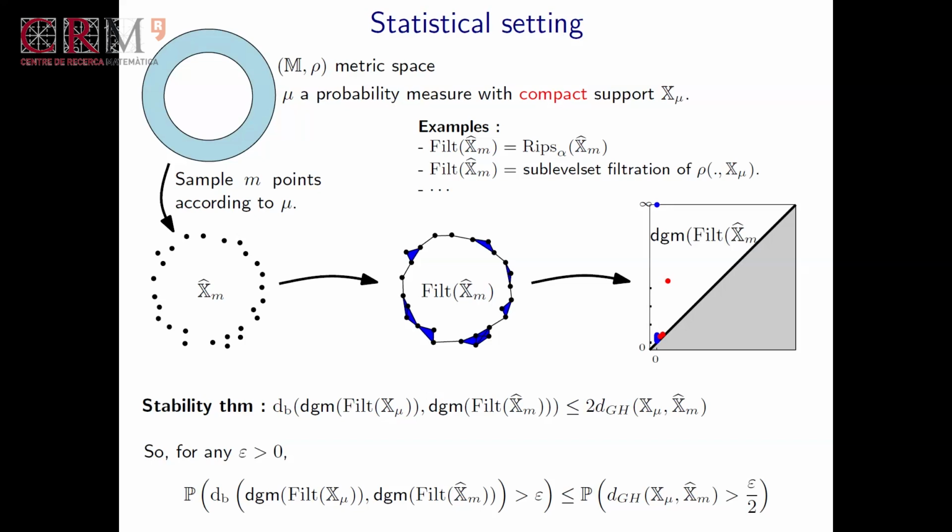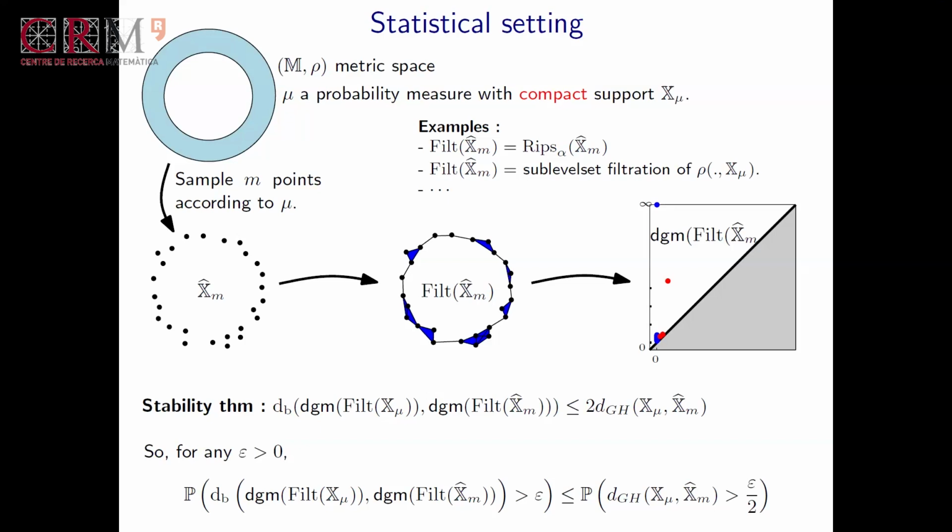One important thing here is that this is not a finite data set, this is the support of the measure. I assume that this support is compact, and from the algebraic theory I showed you yesterday, we can prove as an easy exercise that the Rips filtration built on top of a compact set is always q-tame, so it has a well-defined persistence diagram.